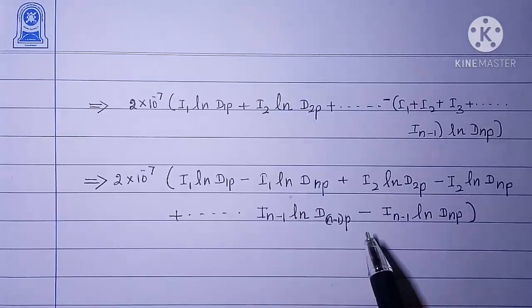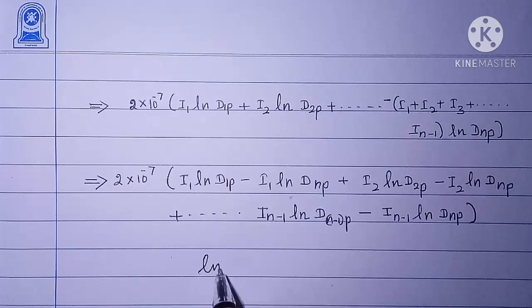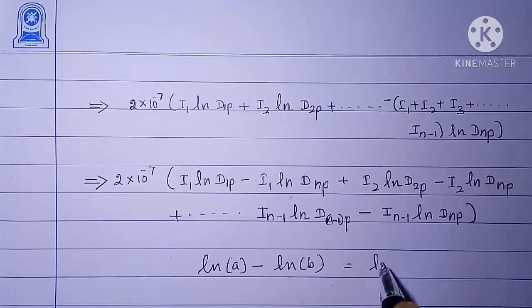Now we have to make use of ln of a minus ln of b equal to ln of a by b.